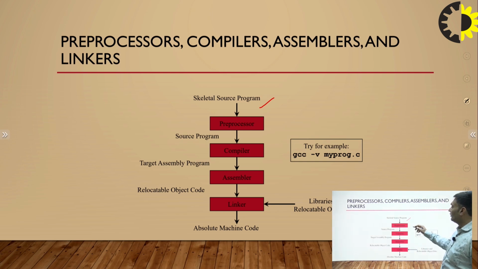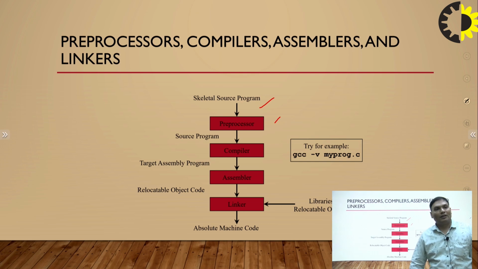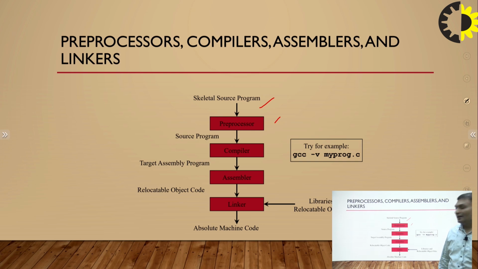Then after doing preprocessing, this program is given to the compiler. Then the compiler converts it to the target program, that can be the machine level language program or the assembly language program. And then the linker links this relocatable object code, and it also links the libraries and other files if required, and then at the end absolute machine code is generated.